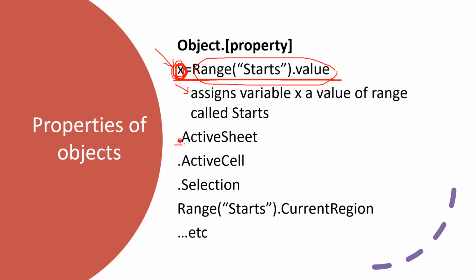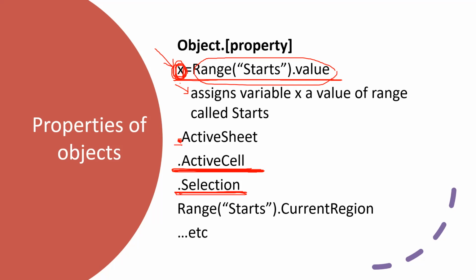Then when we use application dot active sheet or workbook dot active sheet, it refers to the active sheet, right? Right now we come to a very important point, active cell. Active cell is the cell where the cursor pointer is now, right? Or selection is a range of cells that we have selected at this moment, right?